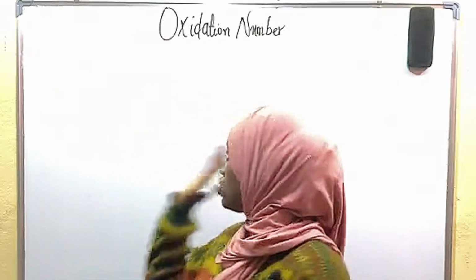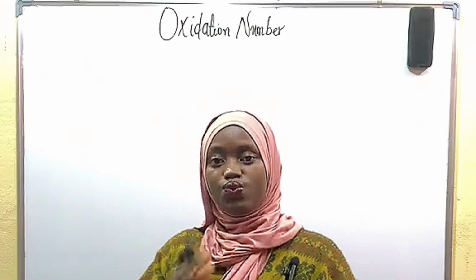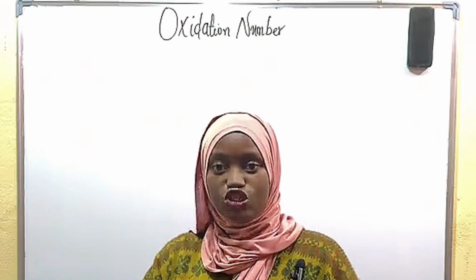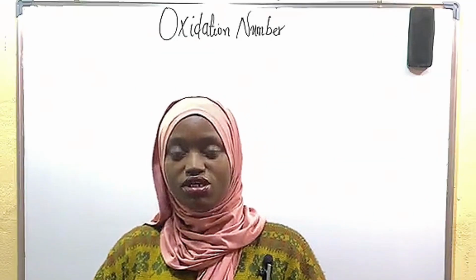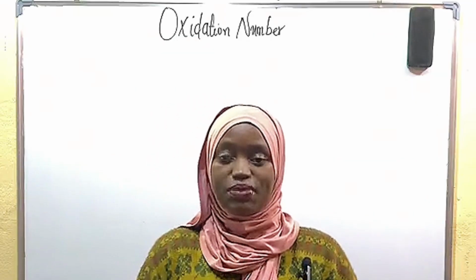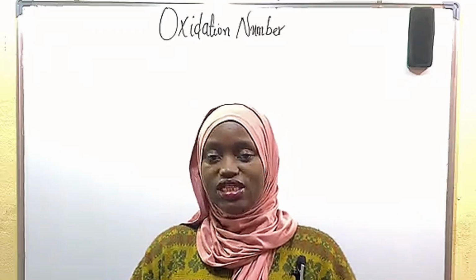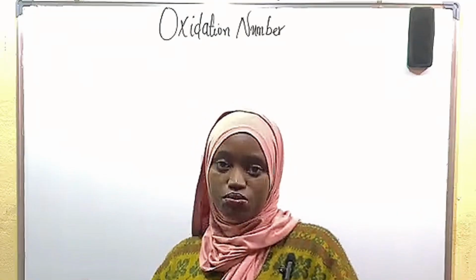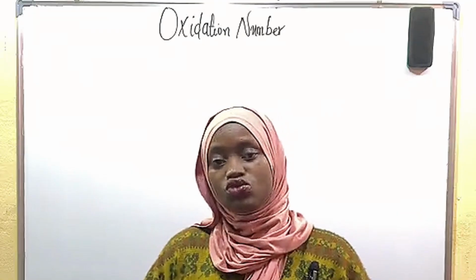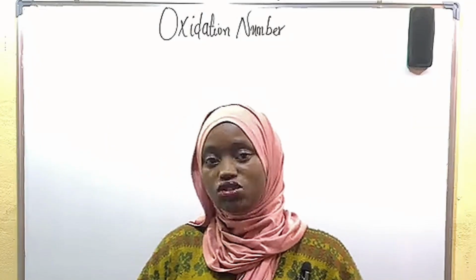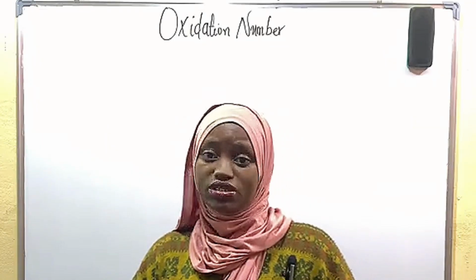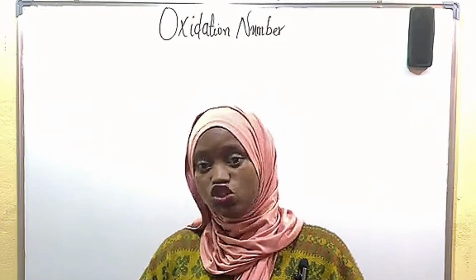Today we shall look at oxidation number. We'll look at the definition of oxidation number and also state and explain 9 rules governing the use of oxidation number in chemistry. So to begin with the definition, oxidation number is also known as oxidation state.